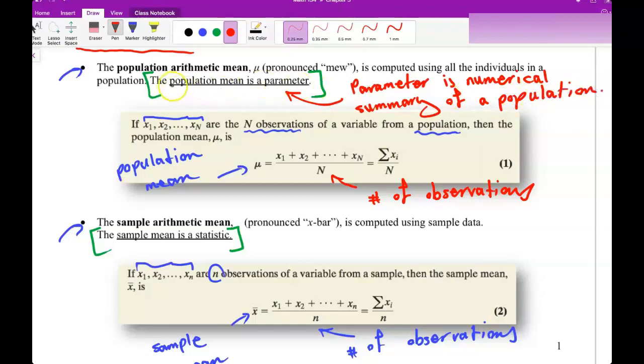Just keep in mind that since population starts with P, we have the same thing here: P and P, population parameter.